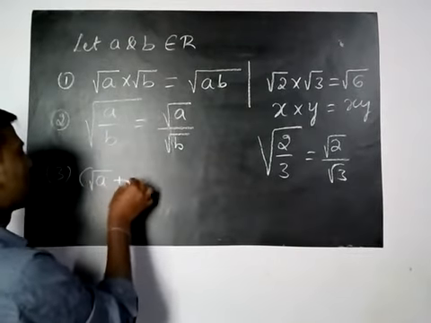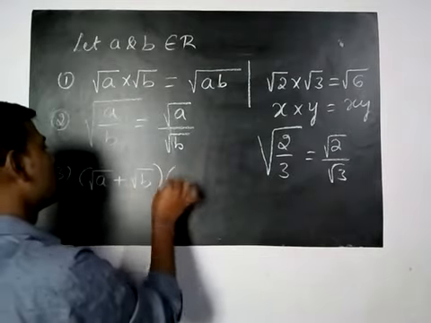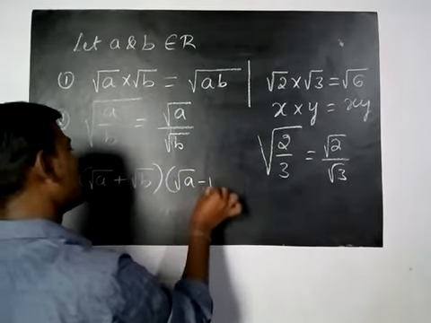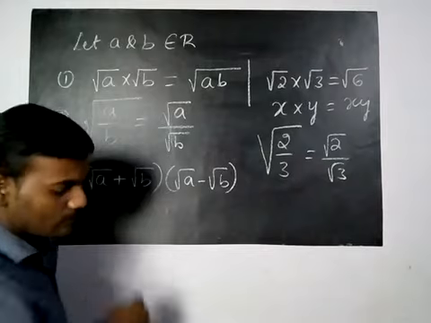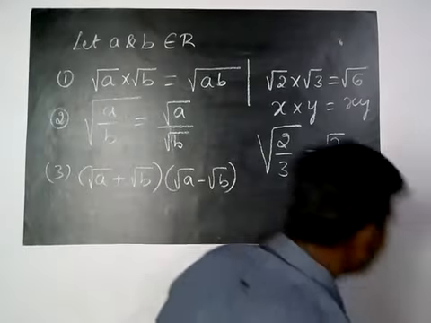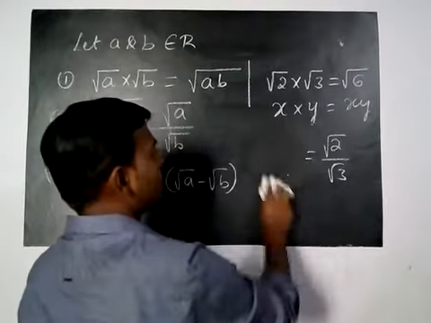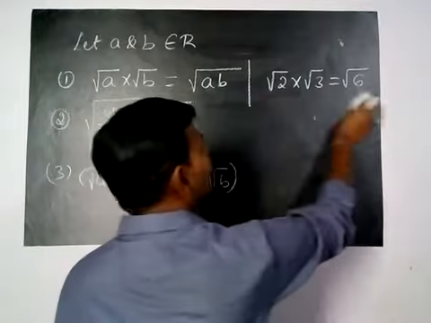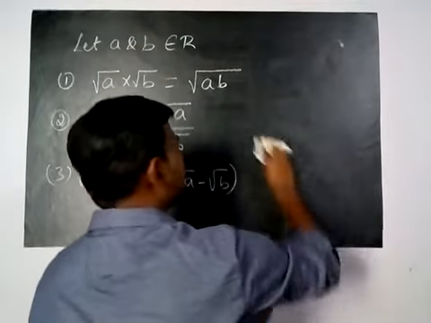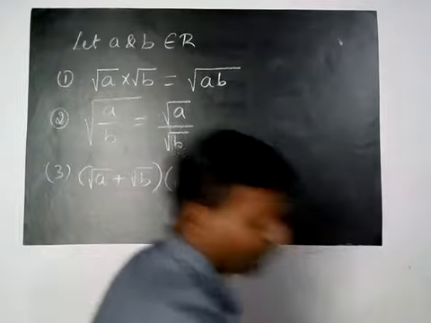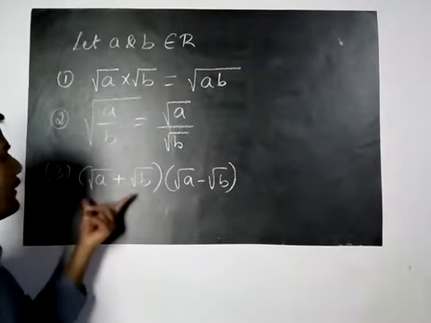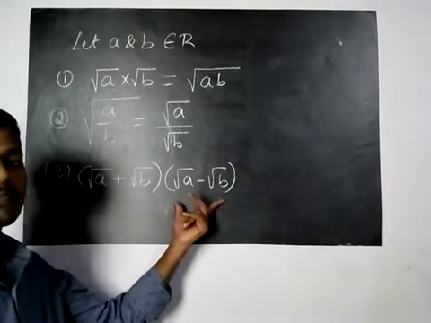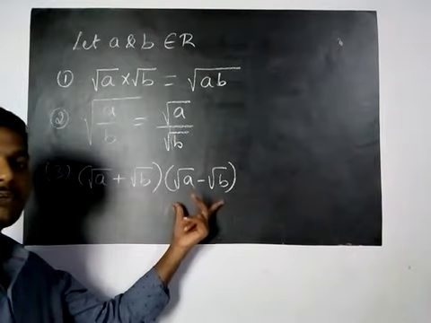Square root a plus square root b into square root a minus square root b. Have you remembered this property which you studied in the 8th standard? a plus b into a minus b.